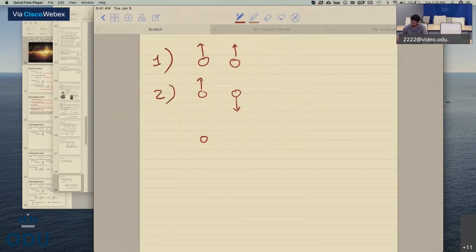This is a 2 possibility. Now I've exhausted all the possibilities where the first spin is pointing up. And so for the next one, I have to point the first spin down. And the other one, again, could be up. Or it could be, again, this one has to be down. And then the only other possibility is for both to be down. Okay.